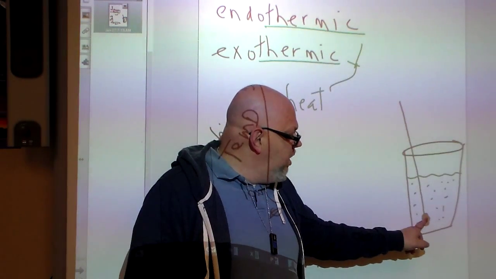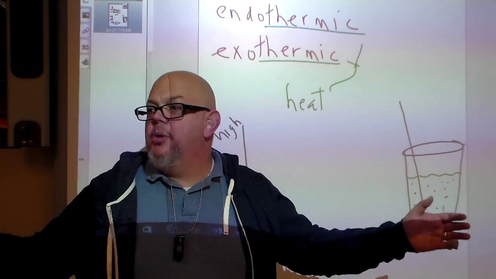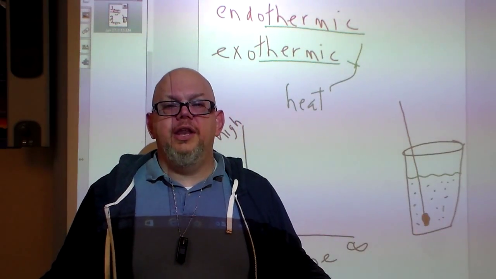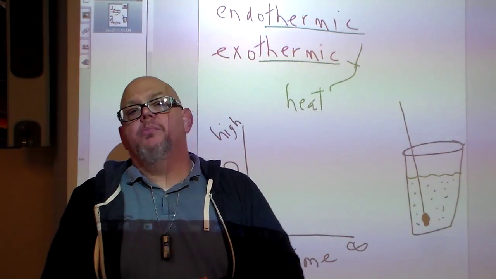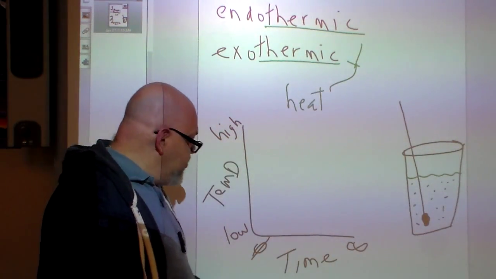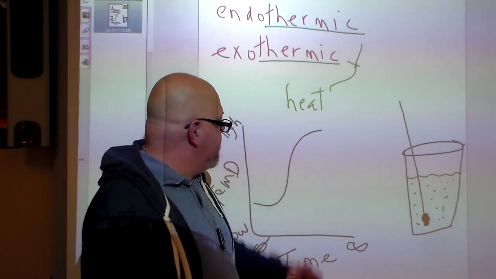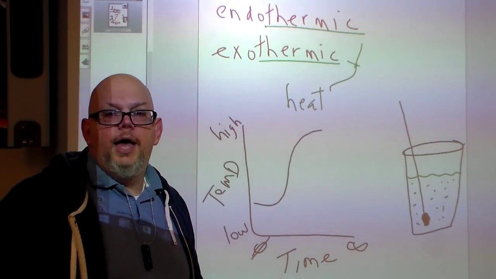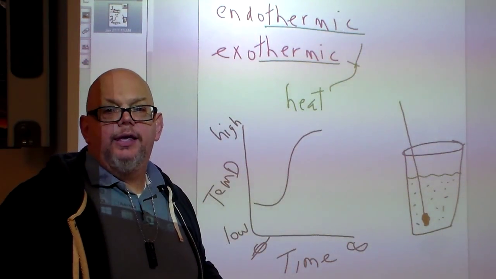So this heat is going to be absorbed by the thermometer. The thermometer is going, oh, hey, I got all this heat energy, time for me to raise up my temperature. So what in the world is that going to look like? Well, it's going to look something like this. You're going to see a temperature graph like this.